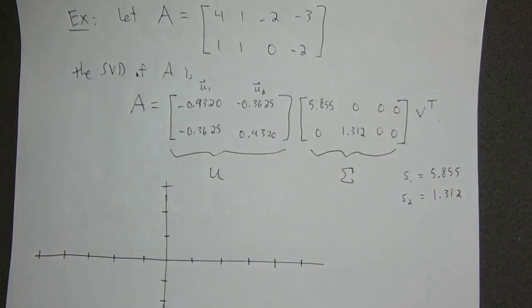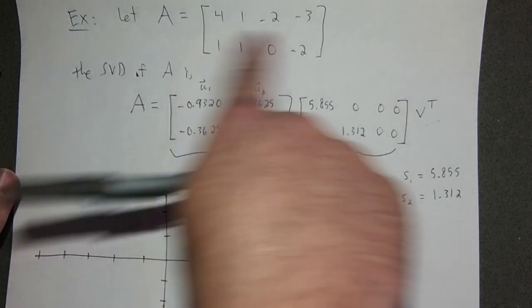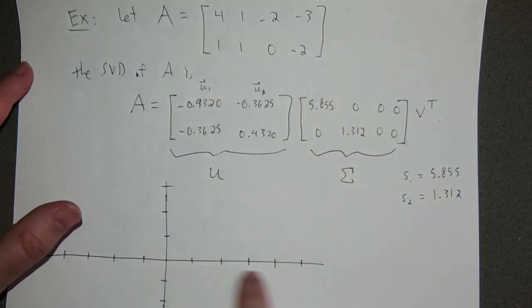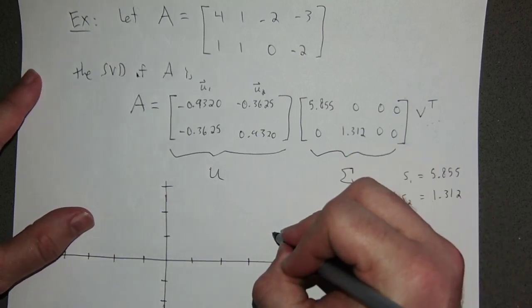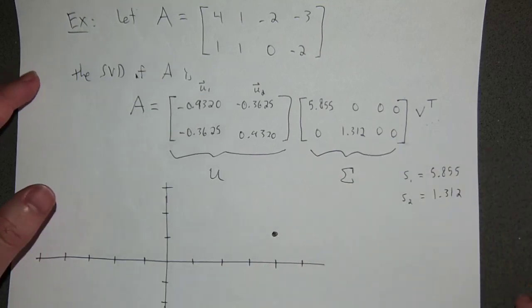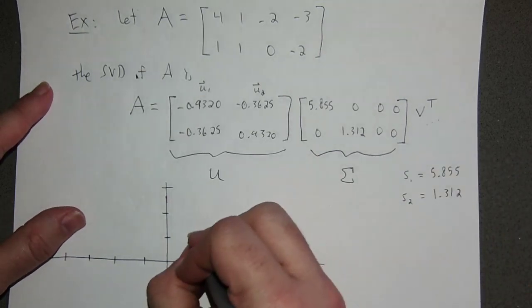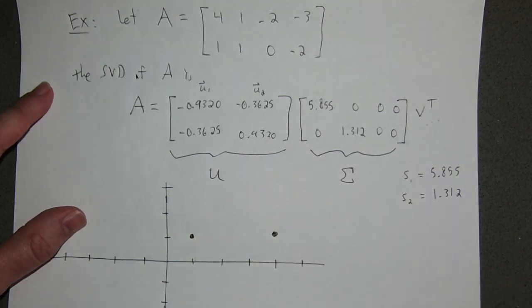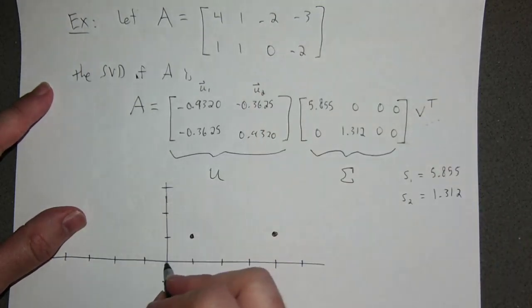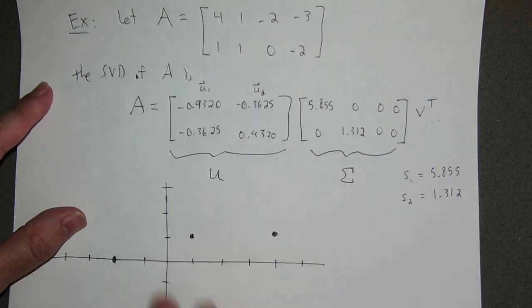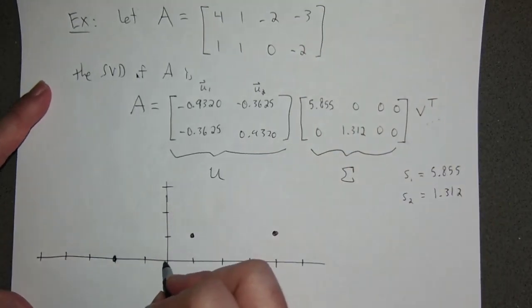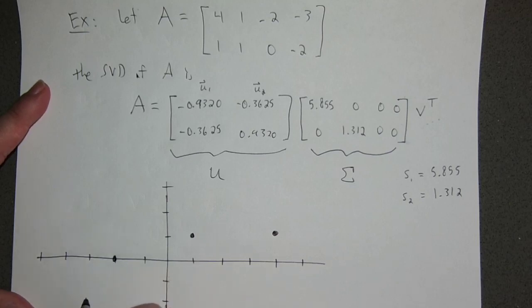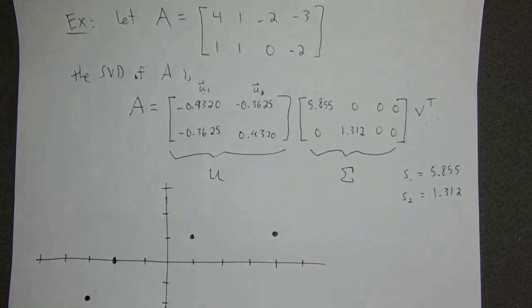Okay, so I'm going to plot these 4 points. So 4, 1, there's one of them. 1, 1 is there. And minus 2, 0 is here. And minus 3, minus 2 is over here. All right, so there's my 4 points.